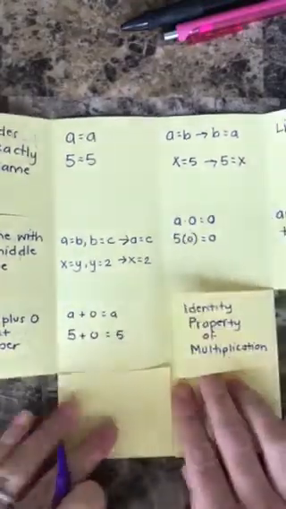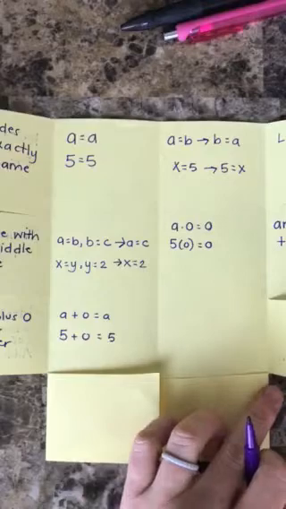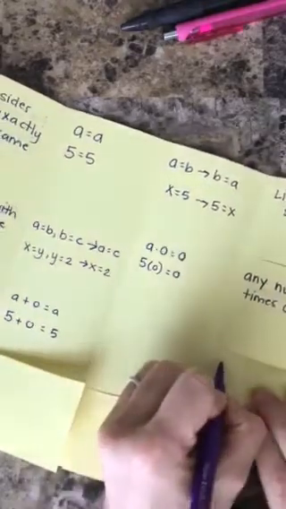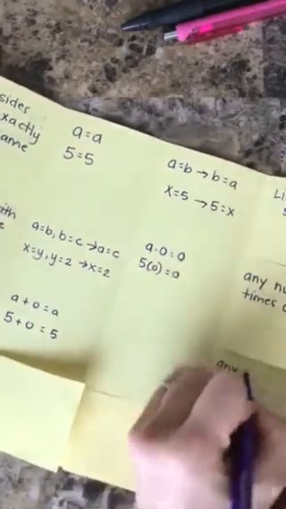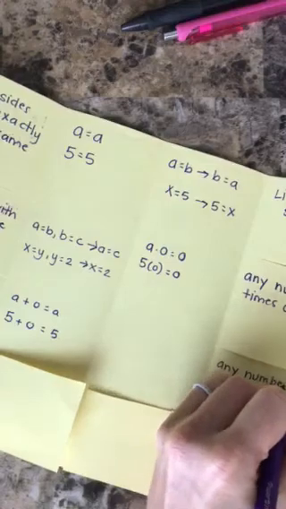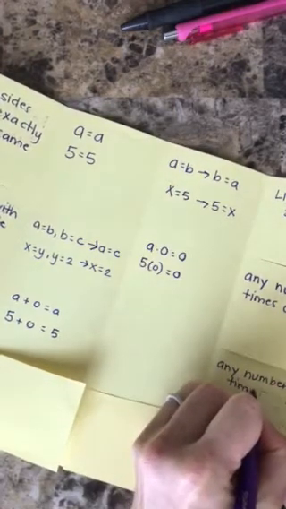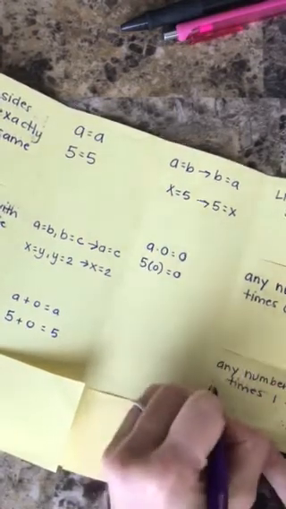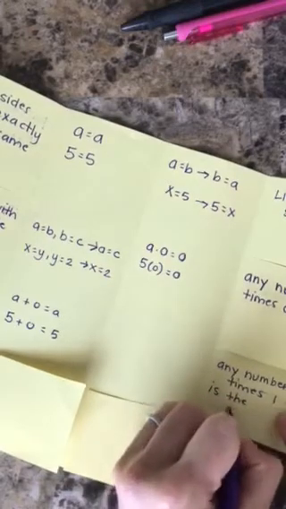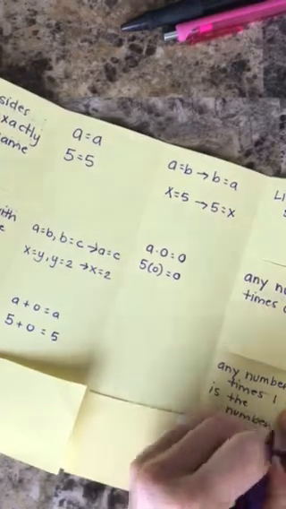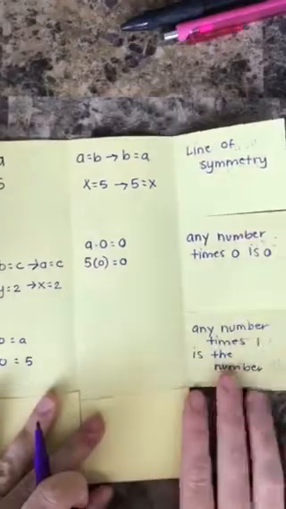So you can probably guess your identity property of multiplication is any number times 1 is the number. Okay, any number times 1 is the number.